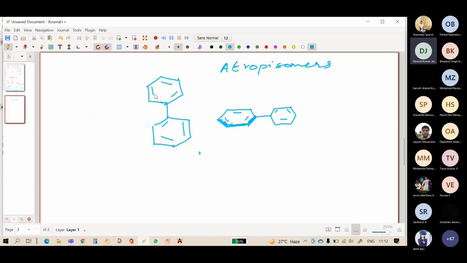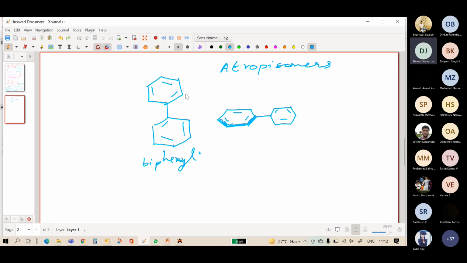Okay, see, for a simple biphenyl, this molecule is called a biphenyl. For a simple biphenyl, there is free rotation of this benzene ring with respect to the other benzene ring. They can freely rotate, but one of the most stable structures is the one where the two rings are planar.